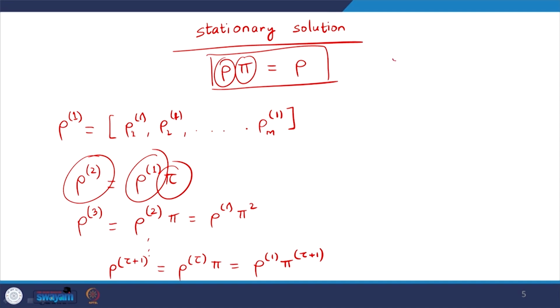So, we can write this as something like the nth element of rho is equal to sum over m of rho m pi m n. That really comes from the multiplication of the rho vector with the pi matrix.